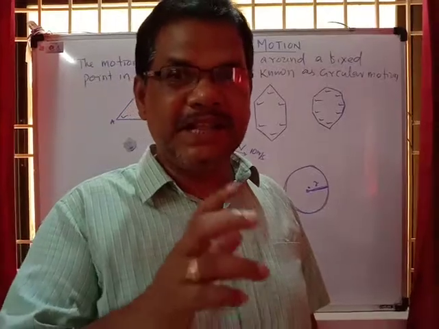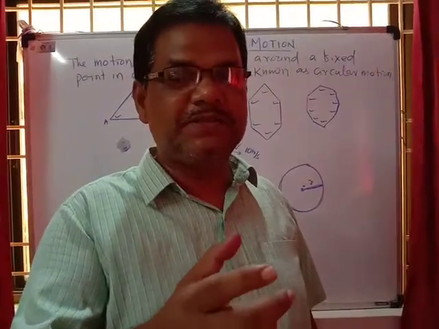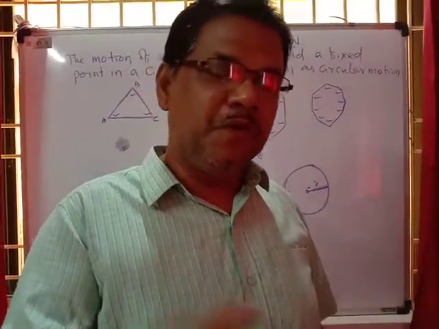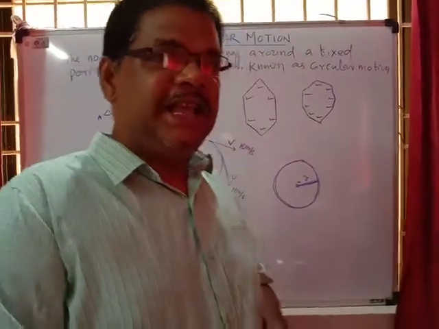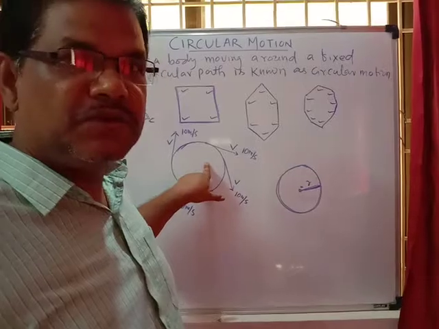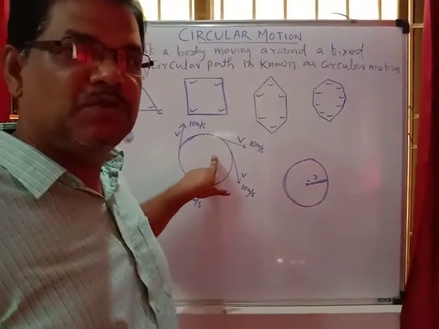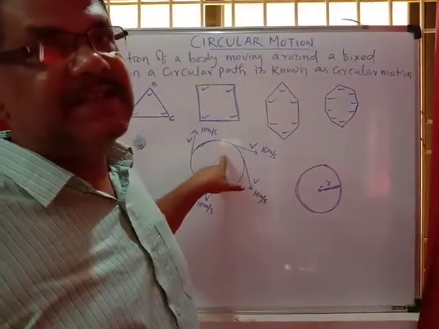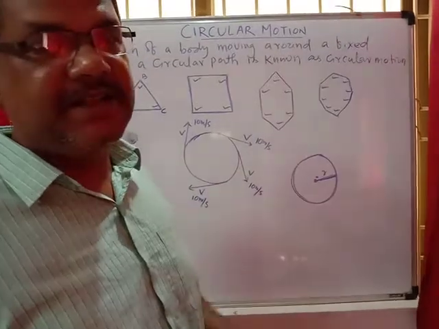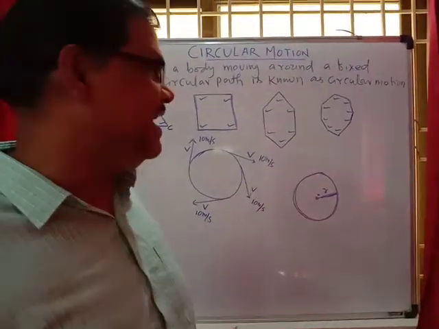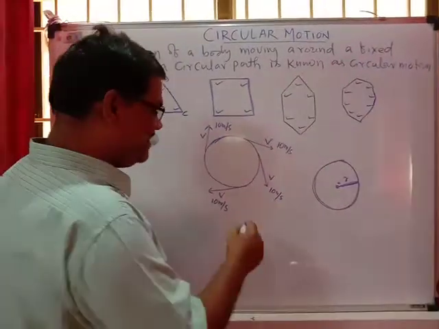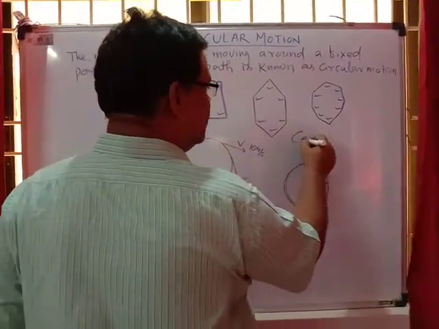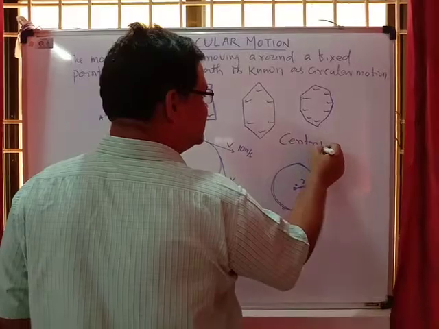If it changes both the magnitude of the speed and the direction, in that case also the object is accelerating. In uniform circular motion, the object is changing its direction continuously, and that is why it is accelerating. This acceleration is called the centripetal acceleration.